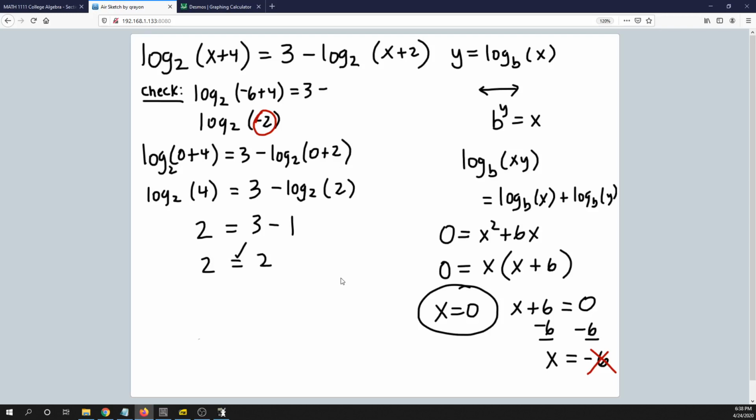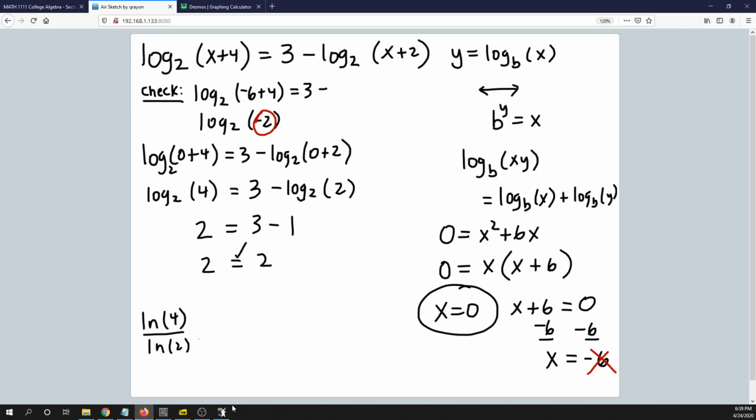If you have trouble doing these log base 2 without a calculator, then since your calculator doesn't have a log base 2 key, you would have to use the change of base formula. So log base 2 of 4 is the same as ln4 over ln2.